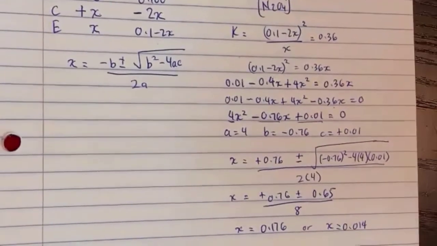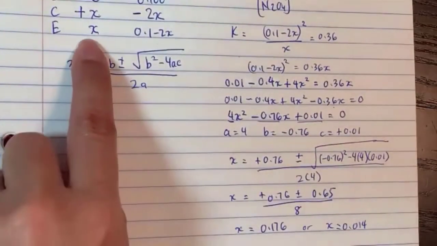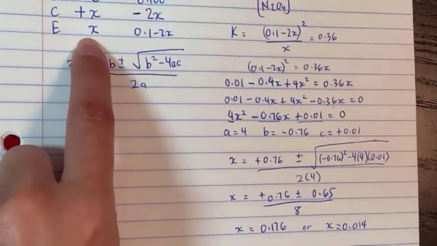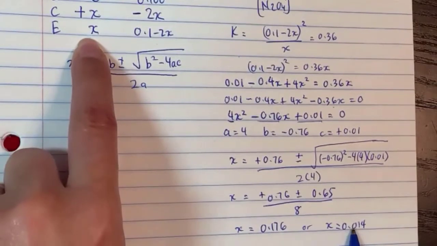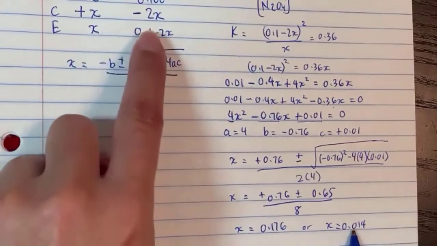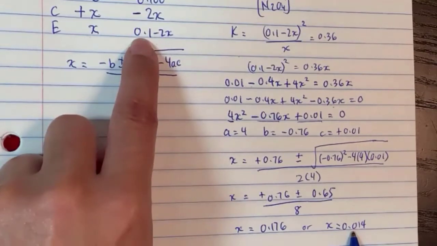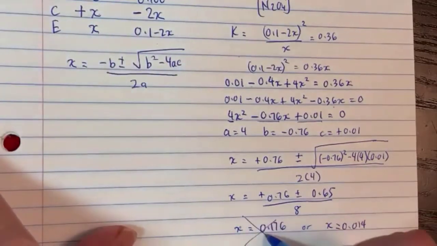So let's take a look at my equilibrium here. x doesn't help because both of them are positive. But on this one here, it says 0.1 minus 2x. Well, this is bigger than 0.1. So if you take 0.1 minus 2x with this x here, it's going to give you a negative number. Agree?